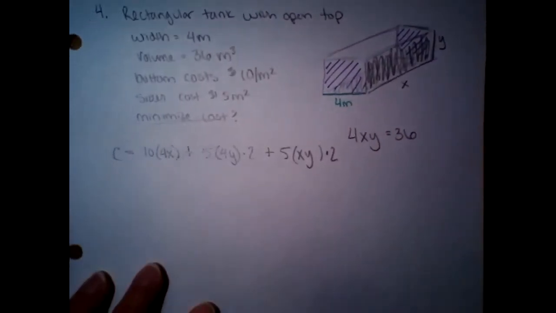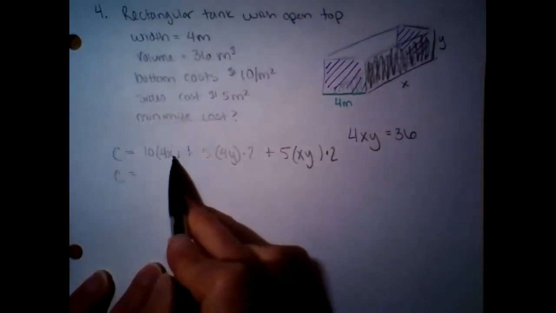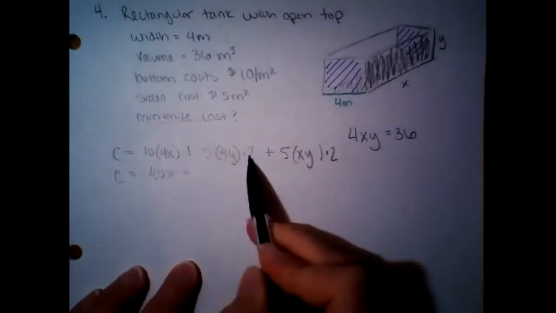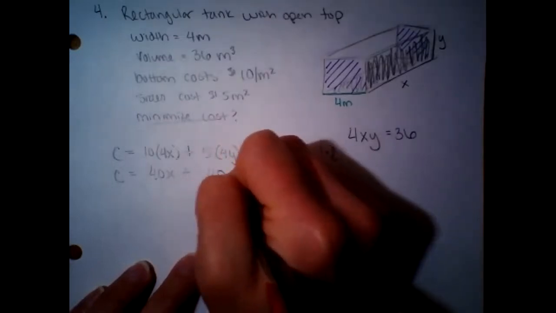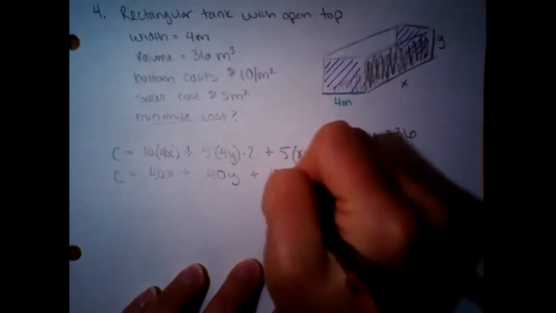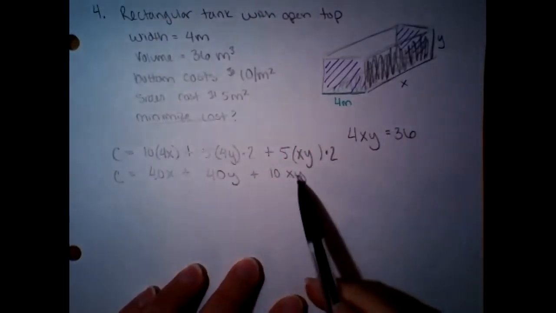All right, so let's clean this up a bit because this is like a big old mess here. This would be 40x plus 5 times 2 is 10 times 4 would be 40y plus 10xy. So here's the issue. We have x's and we have y's.